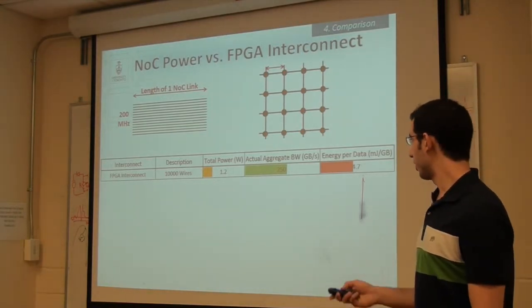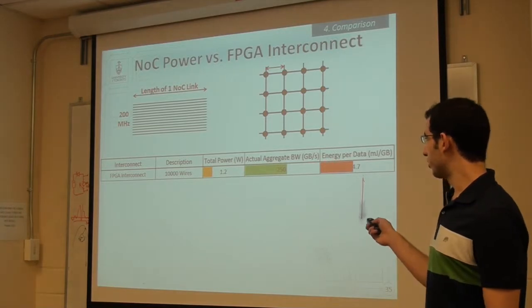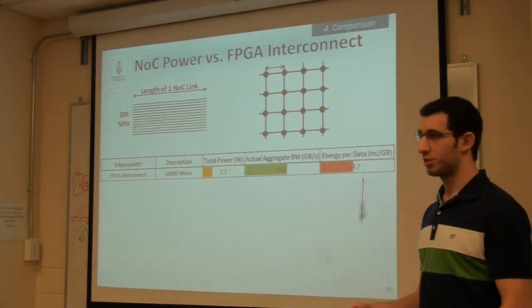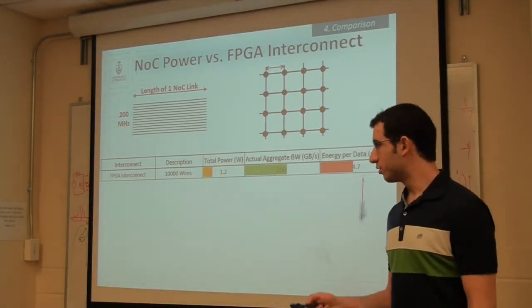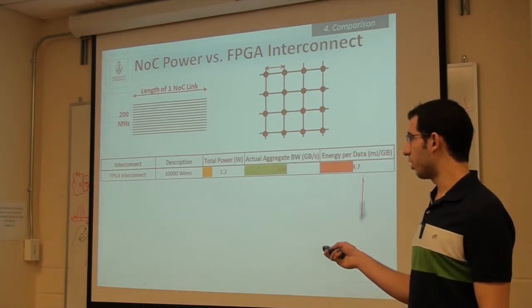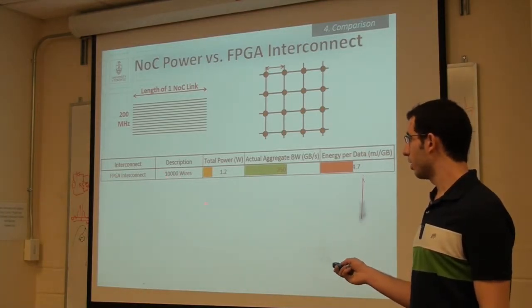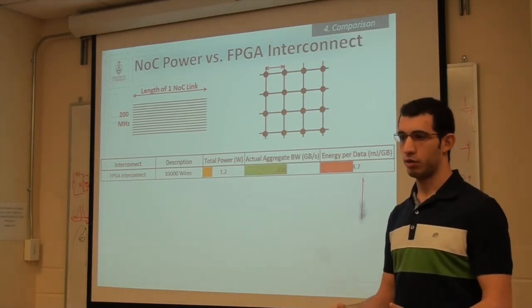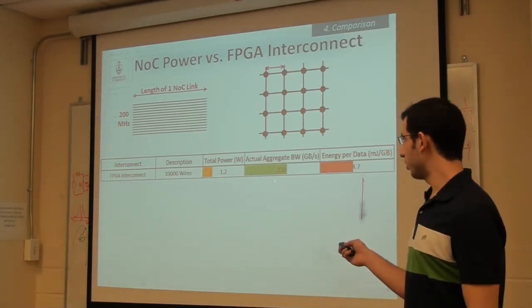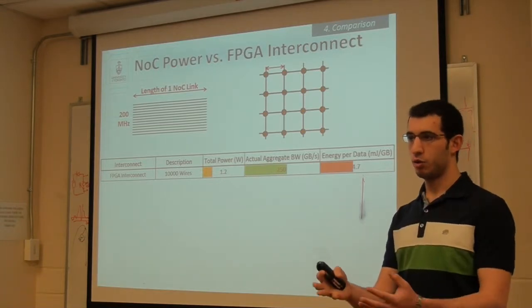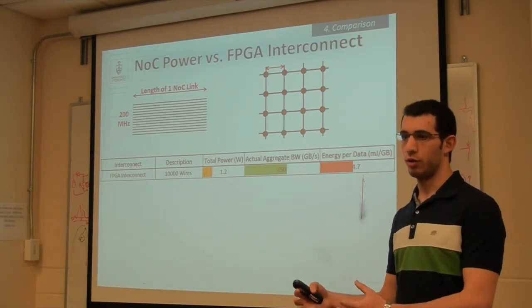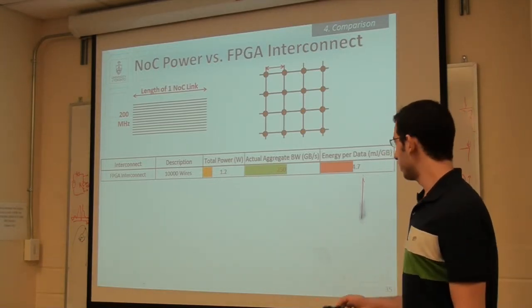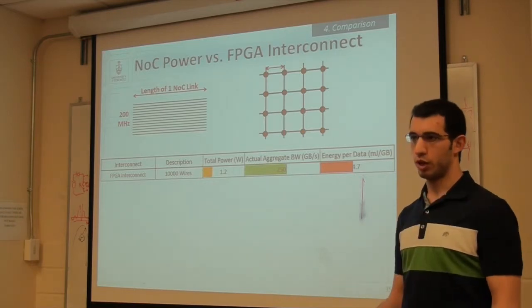We try to find this raw efficiency metric that we call energy per data. When we take 10,000 wires of this length, we measure the total power and the actual aggregate bandwidth that they can transport. When we divide those two numbers, we get the energy per gigabyte moved on this kind of interconnect. In this case, it's 4.7 millijoules per gigabyte.